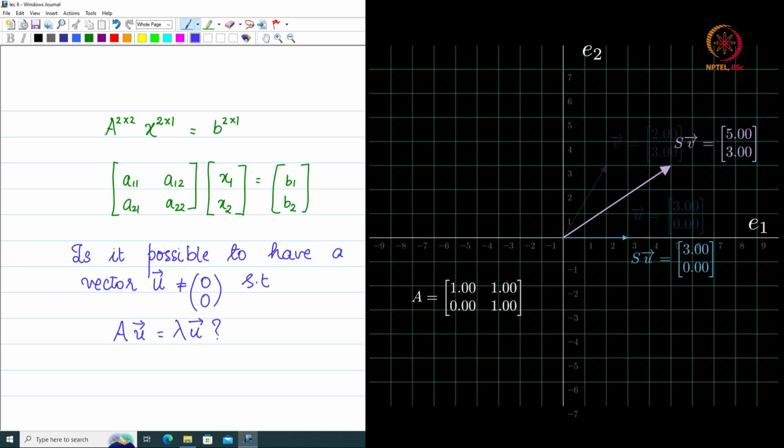We asked this question and then we wound up the last class. In today's class we will look at the answer to this question, and that is exactly where we are heading, towards the ideas of eigenvalues and eigenvectors. So, this class is on eigenvalues and eigenvectors.